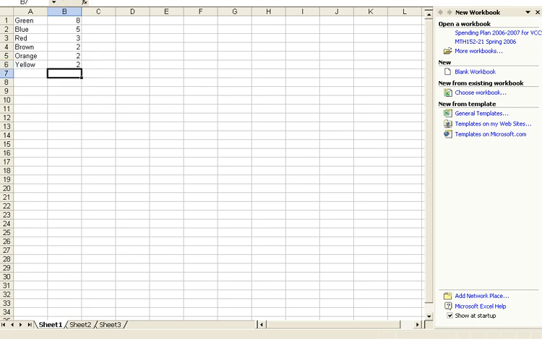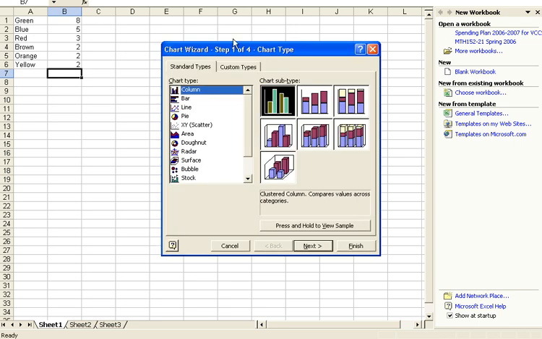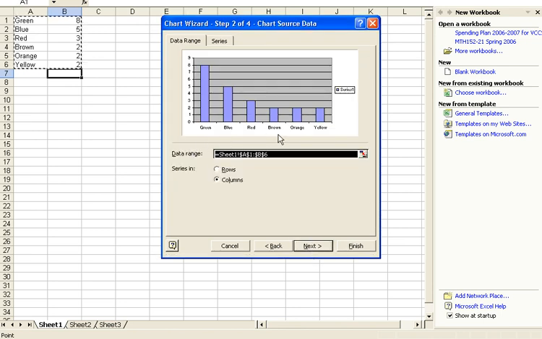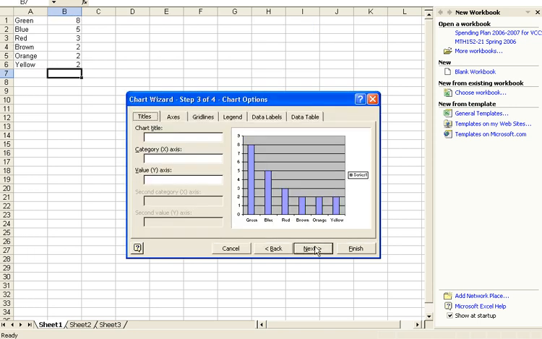Now I'm going to go to the chart wizard, and I want a bar graph because I'm making a Pareto chart, so I want that very first one there. So I'm going to click on next, and I can see my bars are going from the longest down to the shortest, which is what I want.